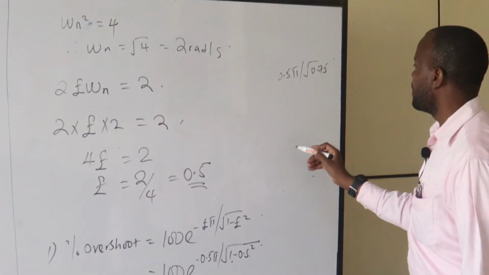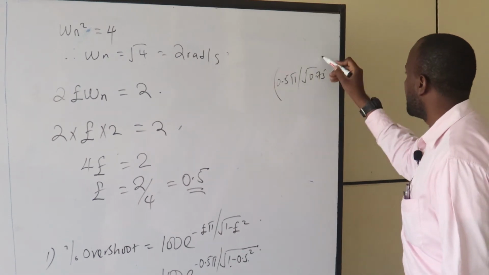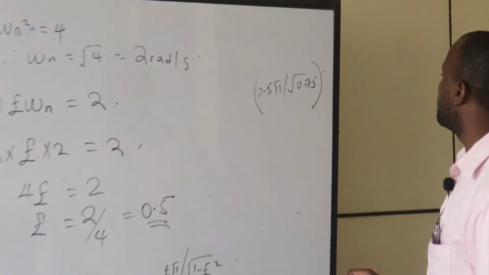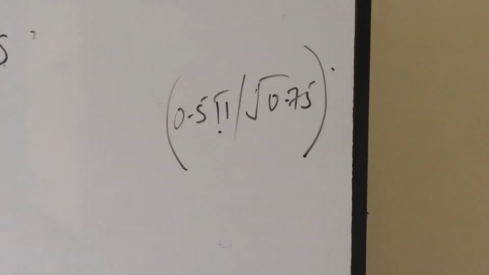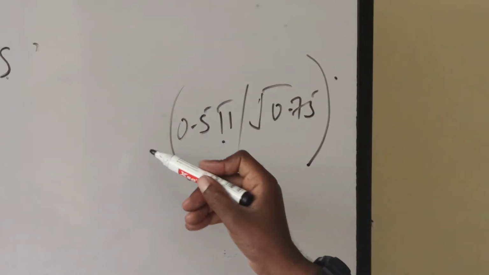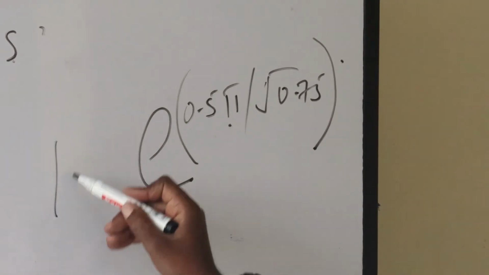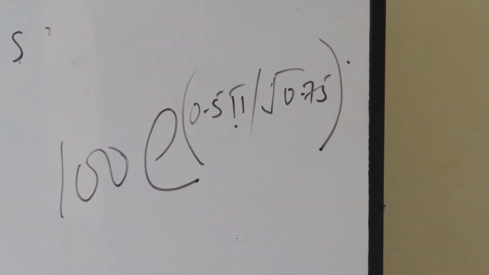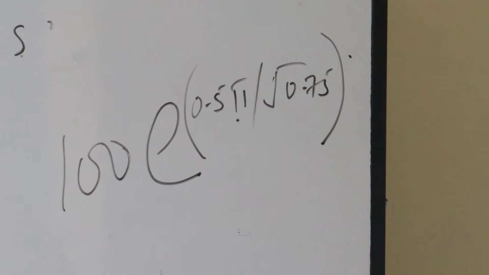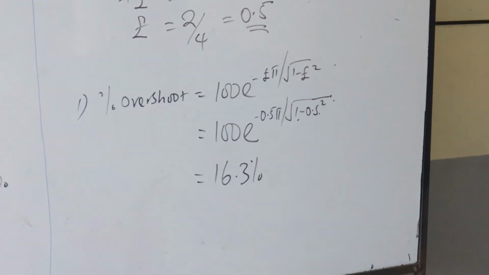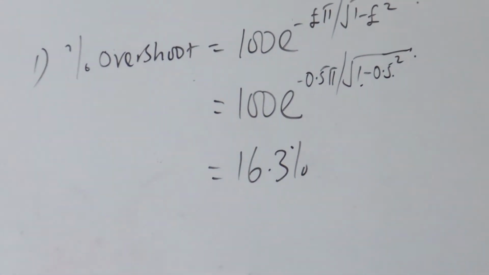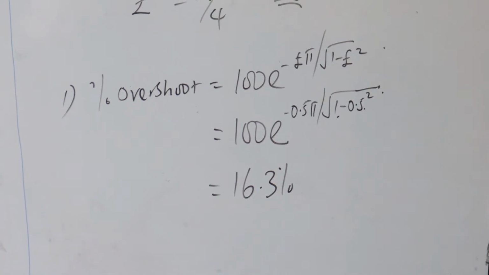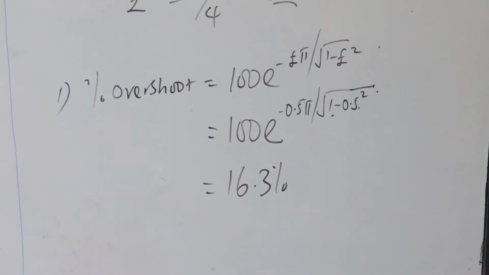So we divide that, then raise e to that power, then multiply by 100. If you do that, you are going to get the value of the overshoot to be 16.3%. So with that, you shall have answered the first question.